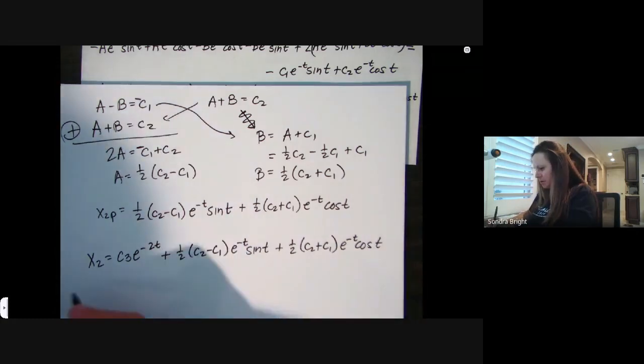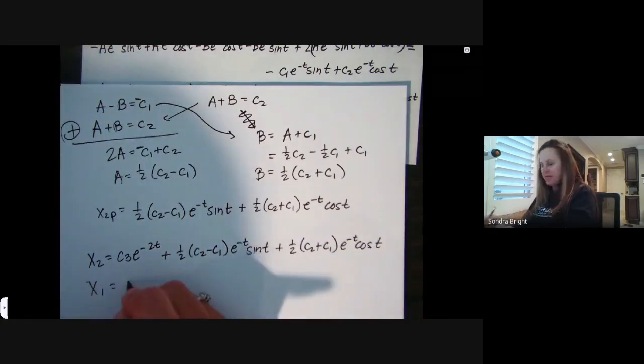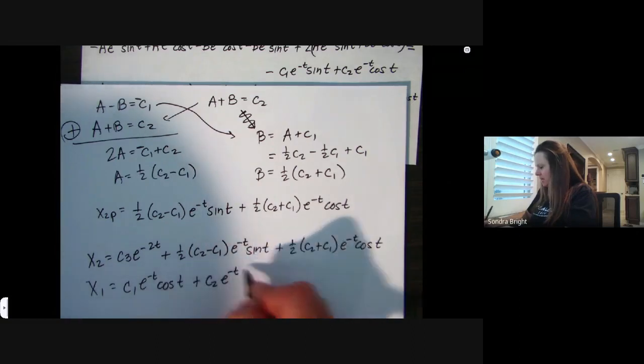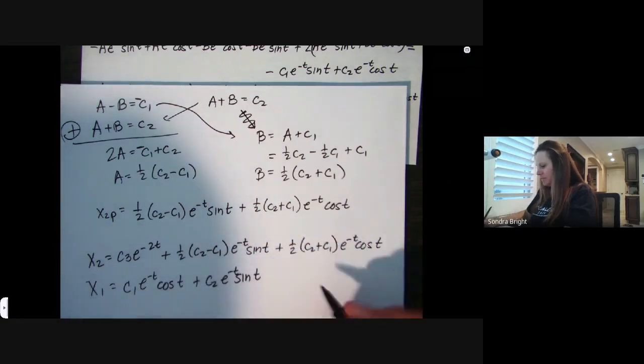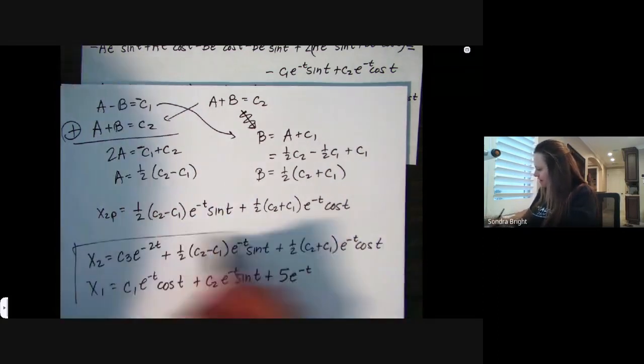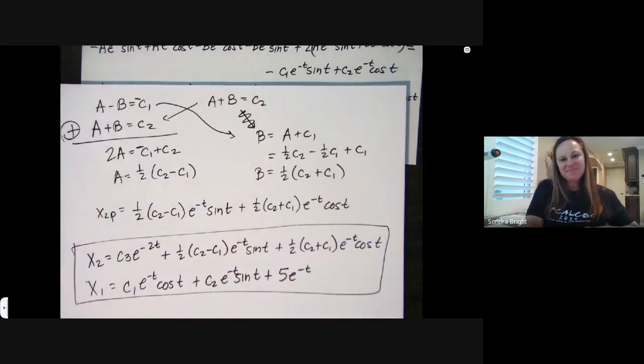And x1 I already wrote, but I'll just write it here so that it's right by each other. c1 e to the negative t cosine of t plus c2 e to the negative t sine of t, and then plus a 5 e to the negative t. There's your solution to that system.